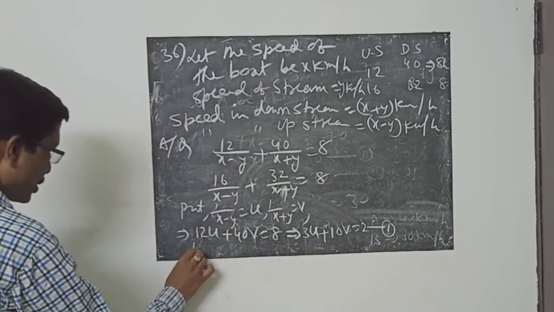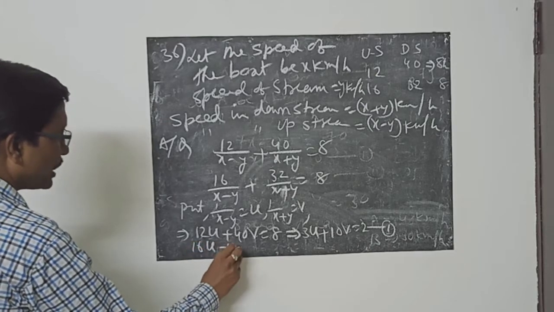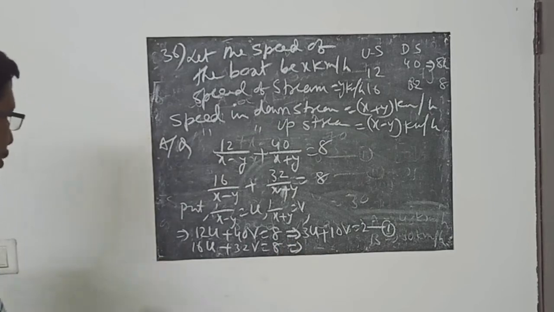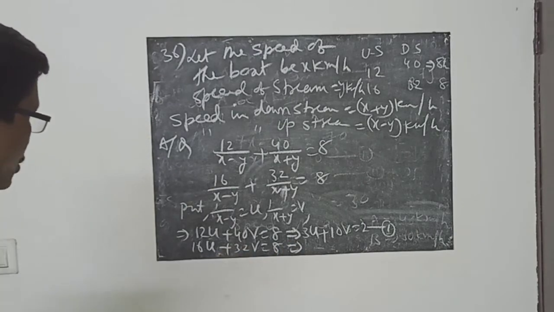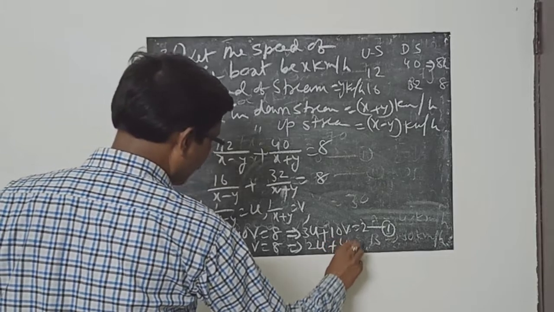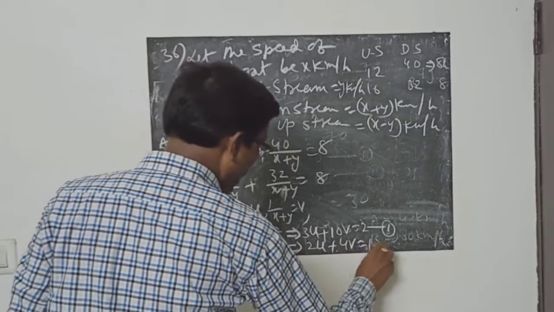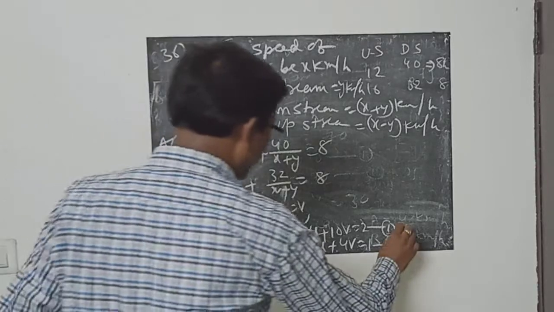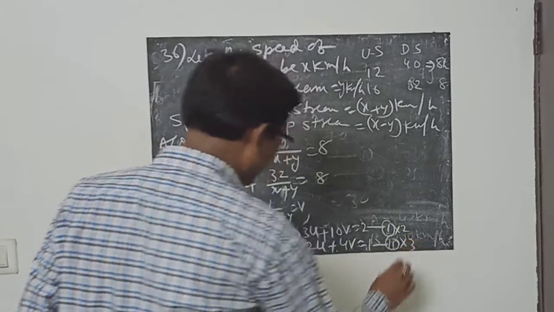And the second equation will come 16u plus 32v equal to 8. It will also be cancelled by 8. So if you cancel 8, 2u plus 4v is equal to 1. Now these two if you solve, the first will be multiplied by 2, the second will be multiplied by 3.